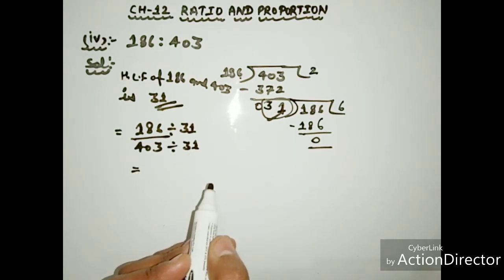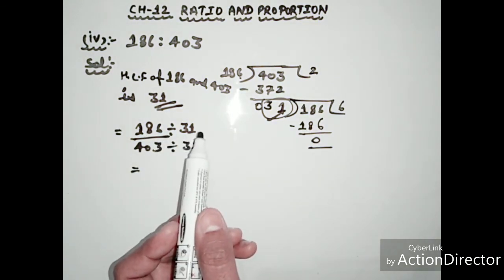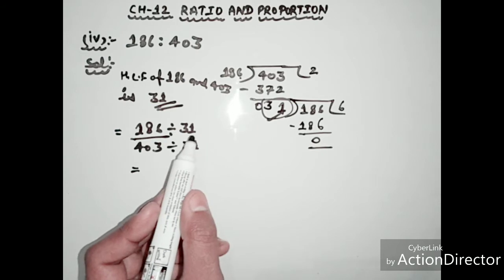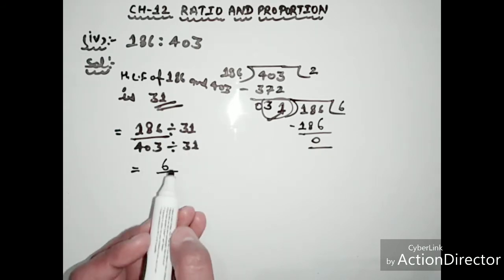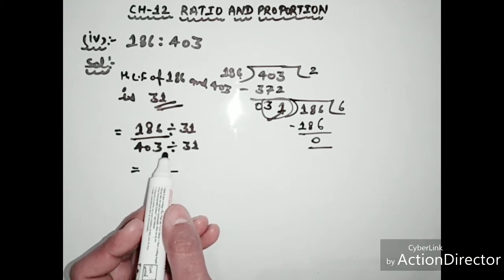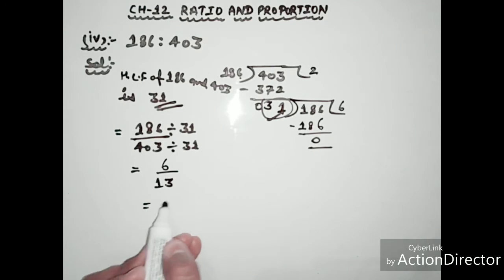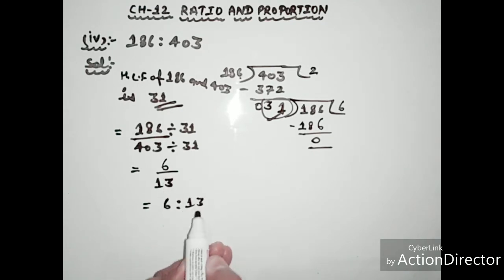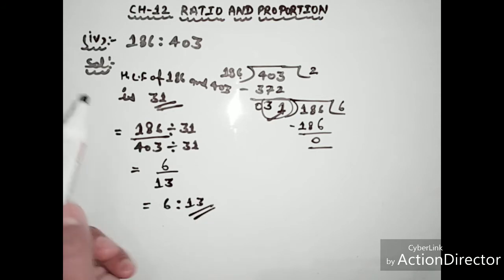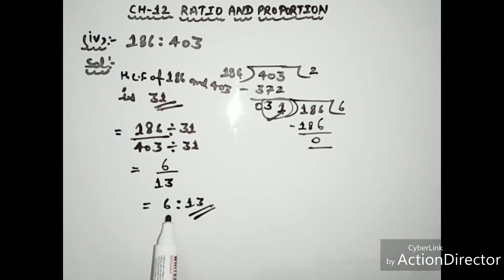When we divide 186 by 31, this divides in 6 times, and 31 divides 403 in 13 times. So here we write 6 upon 13 as 6 ratio 13. So the simplest form of 186 ratio 403 is 6 ratio 13.